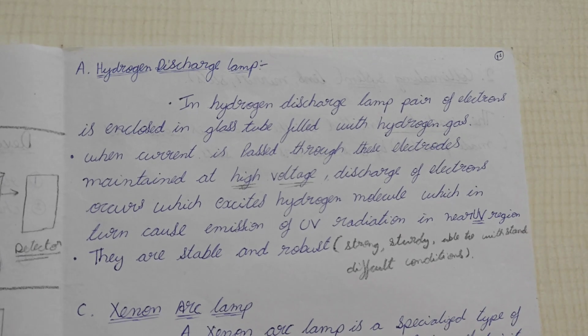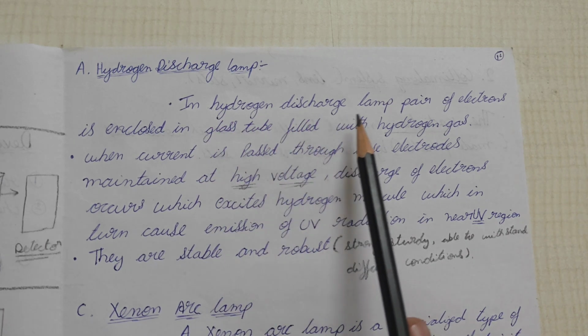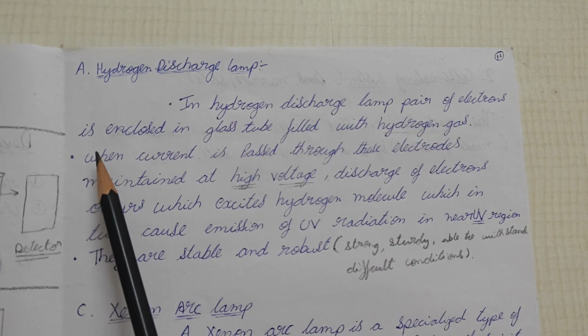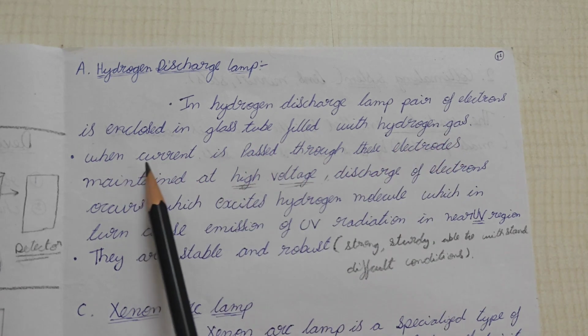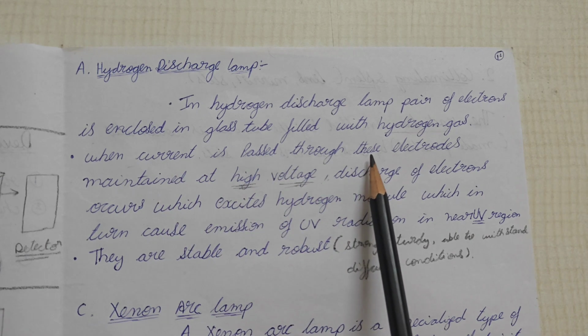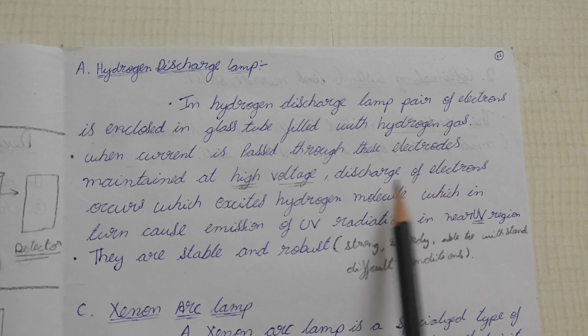In a hydrogen discharge lamp, a pair of electrodes is enclosed in a glass tube filled with hydrogen gas. When the current passes through these electrodes, maintained at high voltage, discharge of electrons occurs.